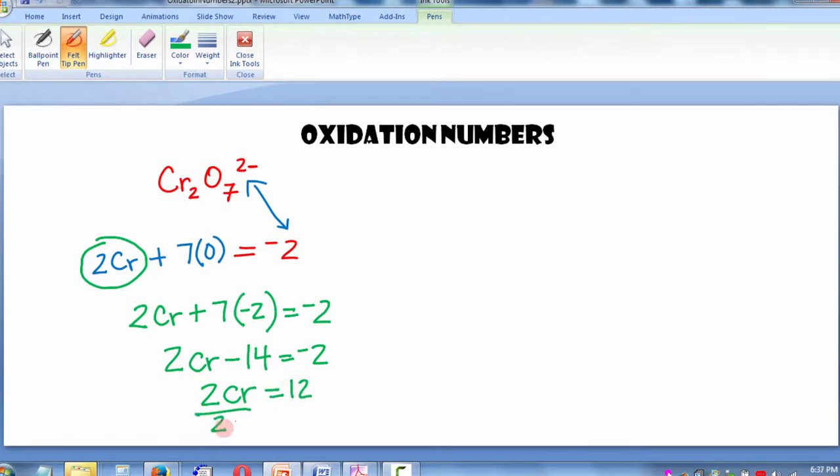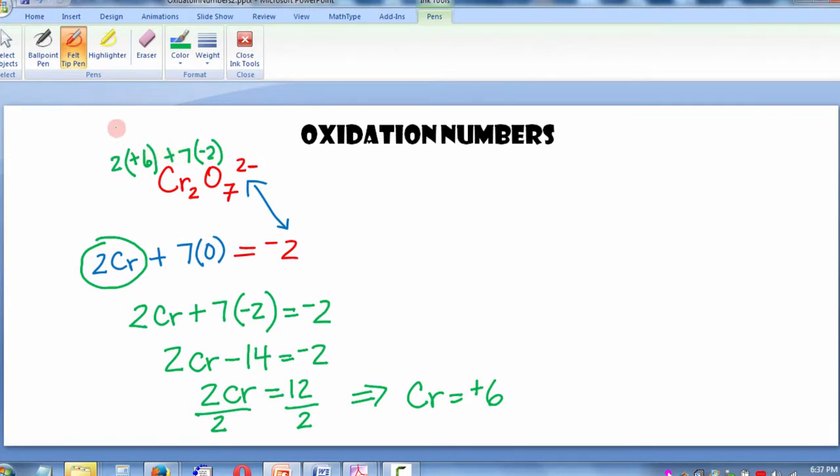And we have 2Cr equals 12. And we divide both sides by 2. And the oxidation state of chromium is plus 6. Now, one easy way we can check that is we can say we have 2 chromiums at an oxidation state of plus 6, and we have 7 oxygens at an oxidation state of minus 2.